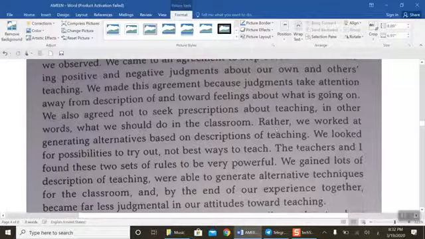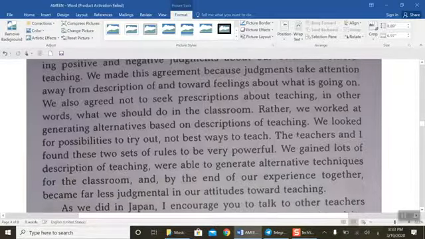So what did they decide? We worked at creating alternatives, ways, methods, based on descriptions of teaching. You see here, this is the point: by not making judgments or prescriptions, they worked at generating alternatives, new methods, based on descriptions of teaching.